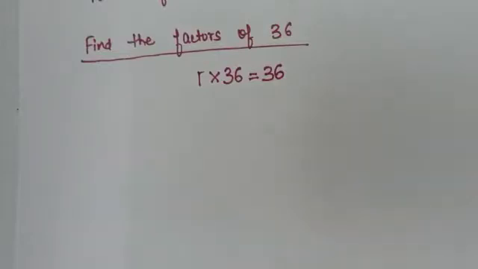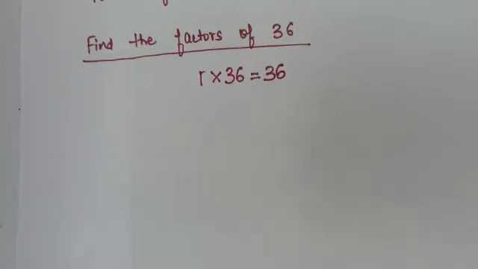Then you have to think whether 36 comes in the table of 2 or not. Now listen very carefully. I'm telling you one trick so that you can easily tell whether 36 or any number comes in the table of 2 or not. Fine?